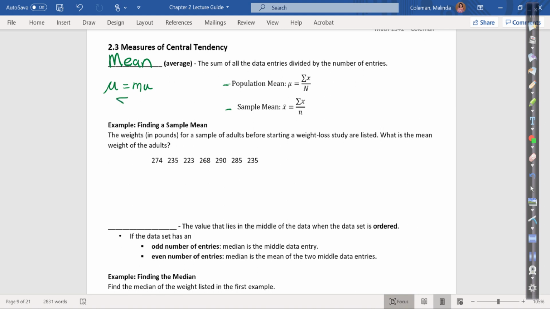The E, you probably already know, is sigma. And that is an uppercase sigma. Sigma, by definition, when we're talking about it in the world of statistics, means to sum or to add.